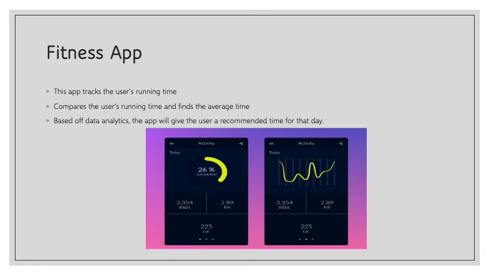And then it needs to take the analytics of the running times from, let's say, today's Monday, and I'm about to go run. I need to compare all of the Monday's saved data and figure out what I should be running and what is the recommended time I should be running for that day so I can keep up with progress.